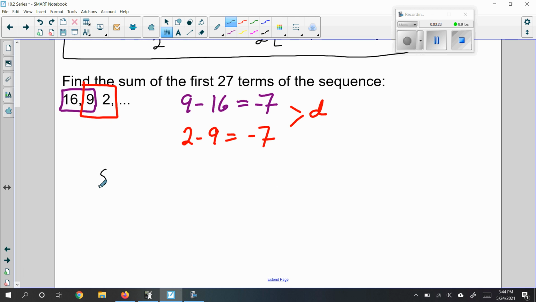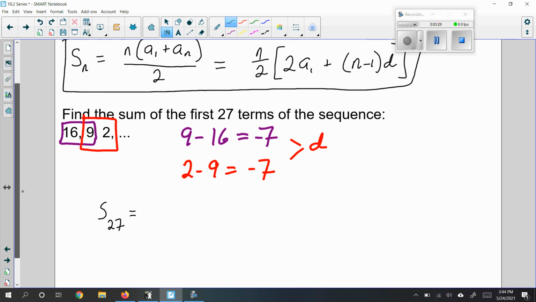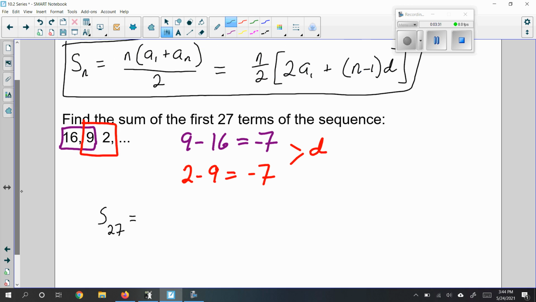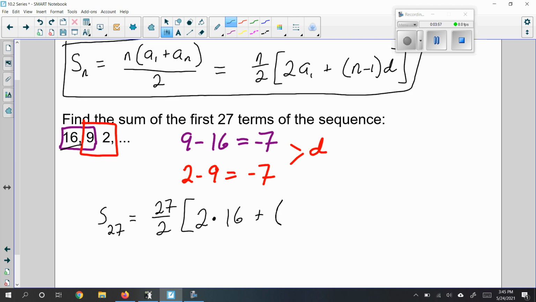So the sum of the first 27 terms is equal to, let's take a look at our formula. We can use this second one because we know the first term, we know how many elements are in the sum, and we know the difference. So 27 over 2 times 2 times the first term, which is 16, plus n minus 1, so 27 minus 1, times negative 7.